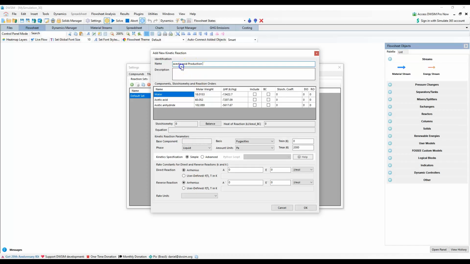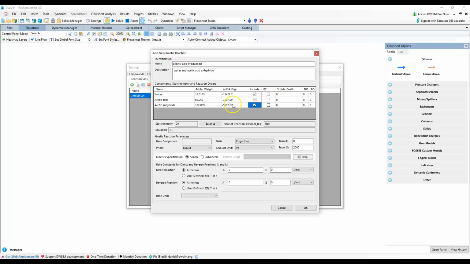Okay, then here the description, water and acetic anhydride.